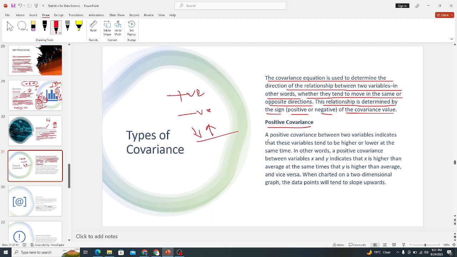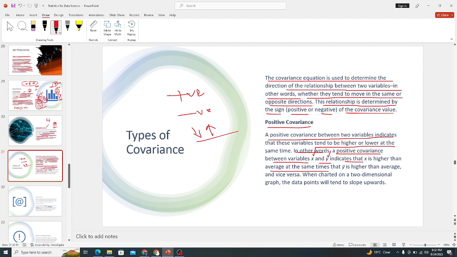So positive covariance. A positive covariance between two variables indicates that these variables tend to be higher or lower at the same time. In other words, a positive covariance between variable x and y indicates that x is higher than average at the same time that y is higher than average. Basically, if variable x is higher, then variable y will also be higher.